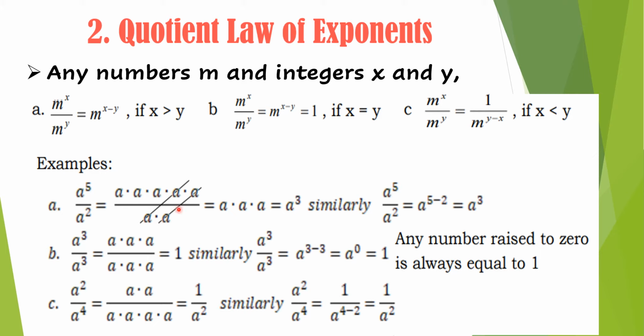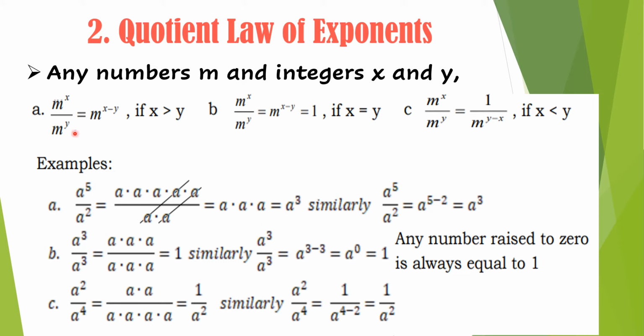So, using cancellation, kasi a divided by a, that is equal to 1, isang a sa numerator at isang a sa denominator, that is equal to 1, kaya na-cancel yan. So, ilan na lang ang natira? 3 a na makikita sa numerator, or we can write this as a raised to 3.